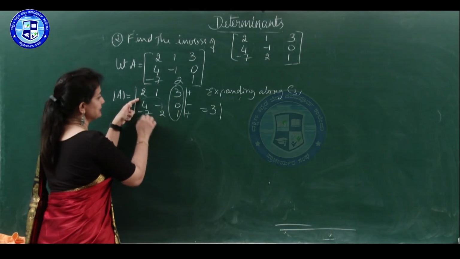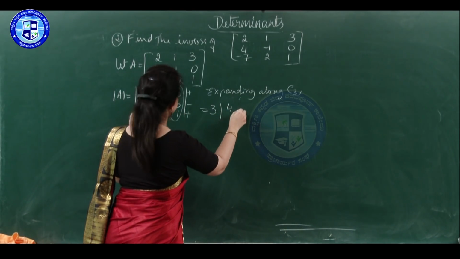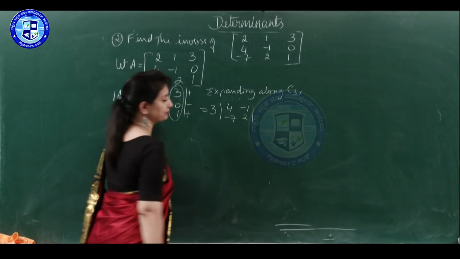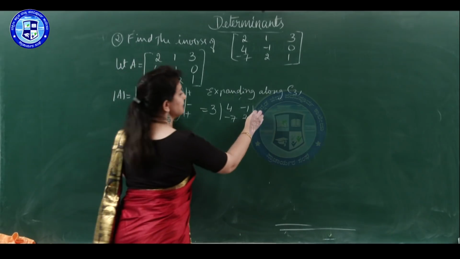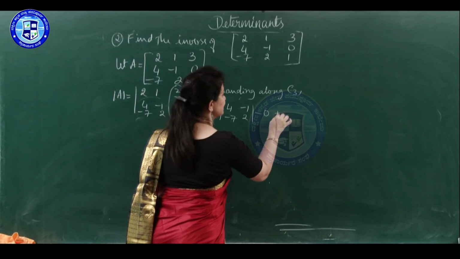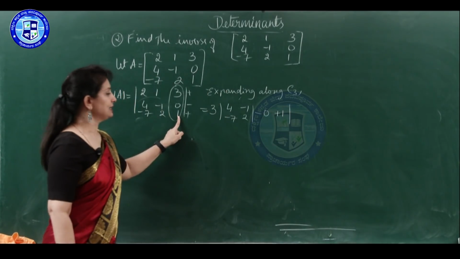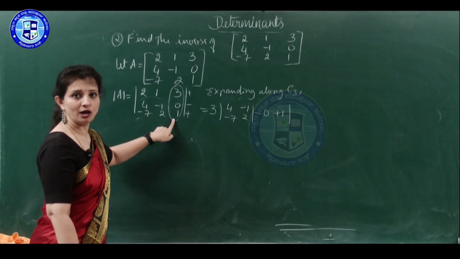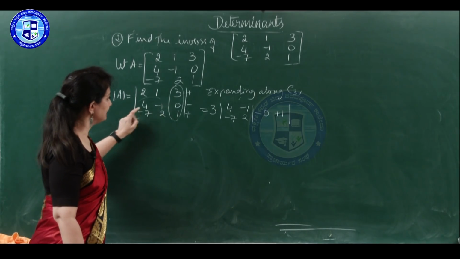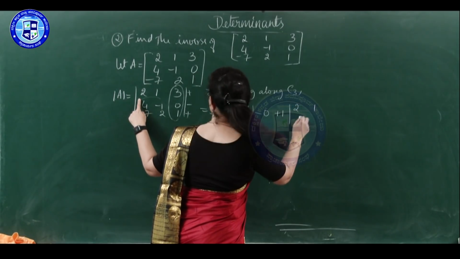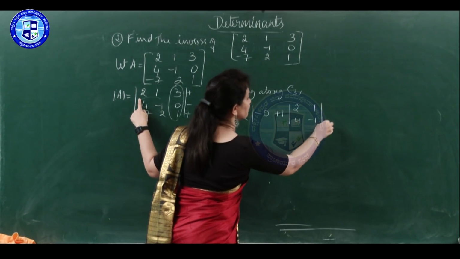So the remaining elements, write it as a determinant 4 minus 1, minus 7 2. Then next is minus 0, no need to write any determinant. Next is plus 1 into, the 1 is in the third row and third column. So eliminate the third row and third column, remaining elements write it as a determinant 2 1, 4 minus 1.